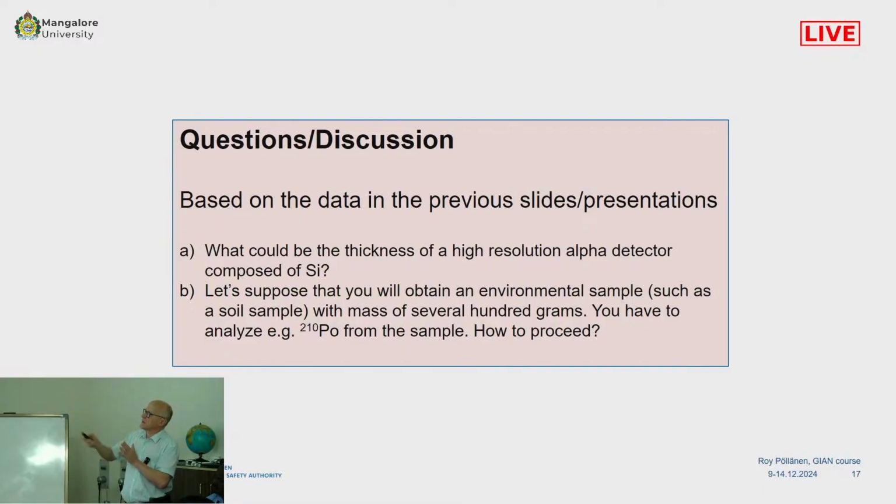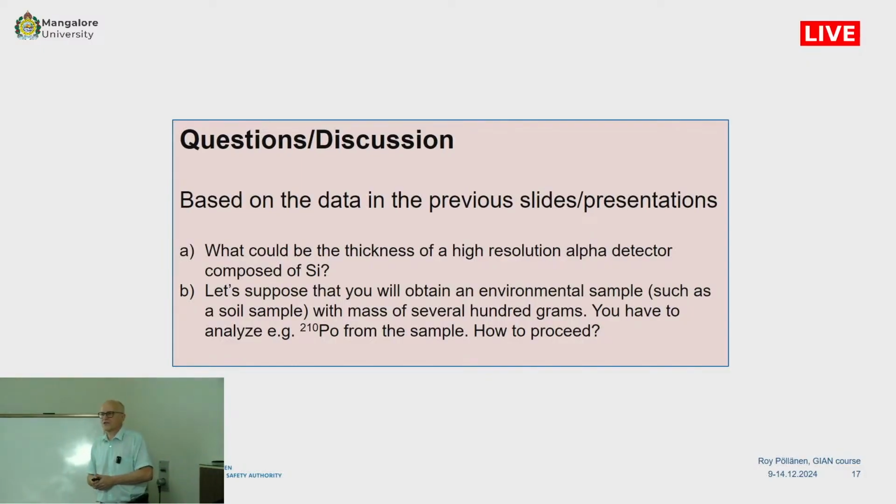All right, we discussed these things very shortly yesterday, but what could be the thickness of a high-resolution alpha detector composed of silicon? So it is around 100 or 200 micrometers.